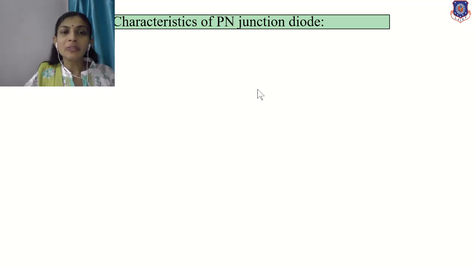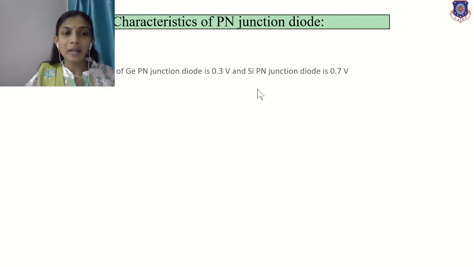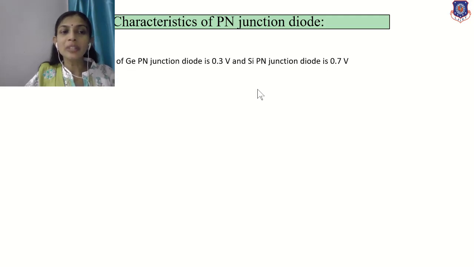Now let us continue with the VI characteristic of the PN junction diode. What will we have to do? VI characteristic means the graph of the PN junction diode. Let's continue with the voltage versus current graph, in which we will define the most important definitions like knee voltage. Which semiconductors come to your mind?